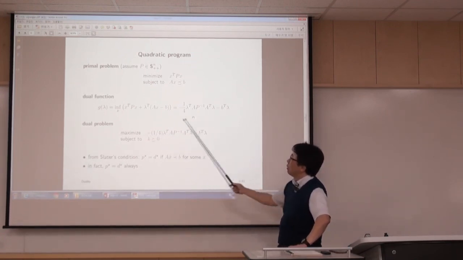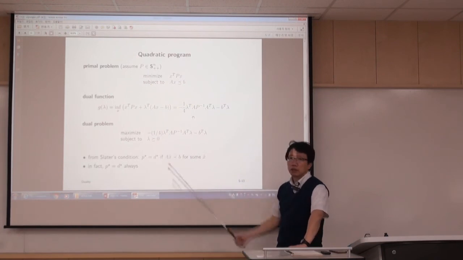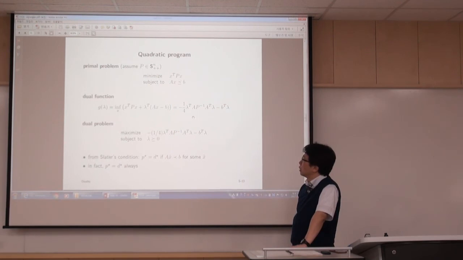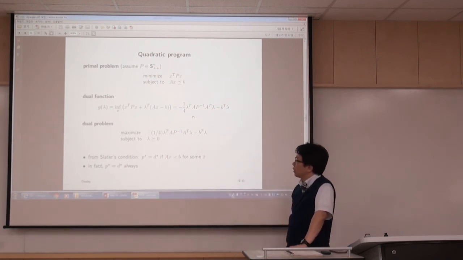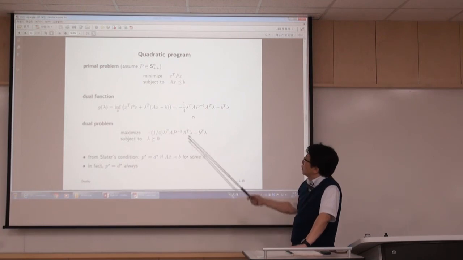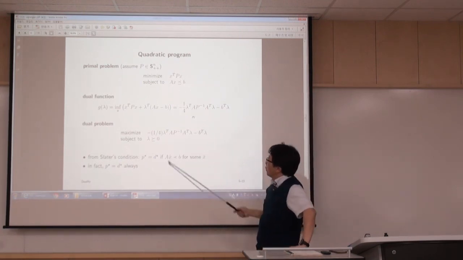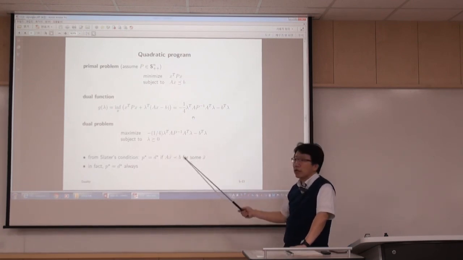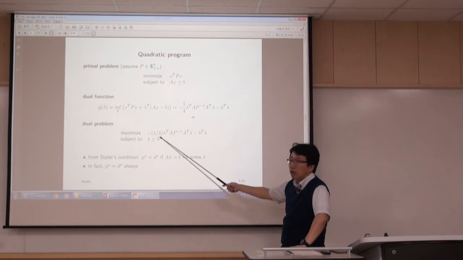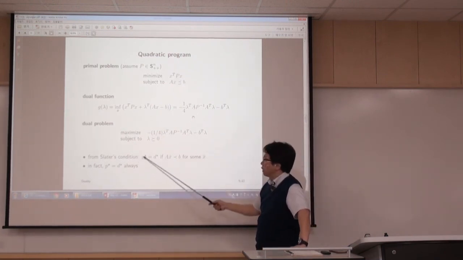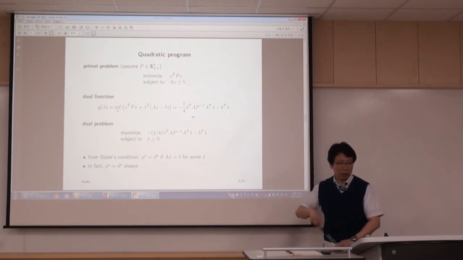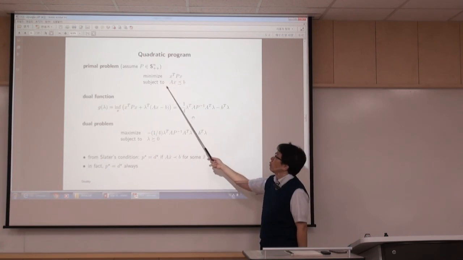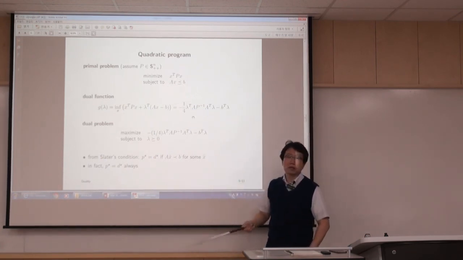Just copy your lower bound and put the inequality constraint for the dual Lagrange multiplier or dual variable. And if this set is not empty, then the dual problem and the primal problem have what? P star, D star the same. So strong duality holds. Why? Because this is a convex function defined on a convex set. So Slater's condition can be applied.